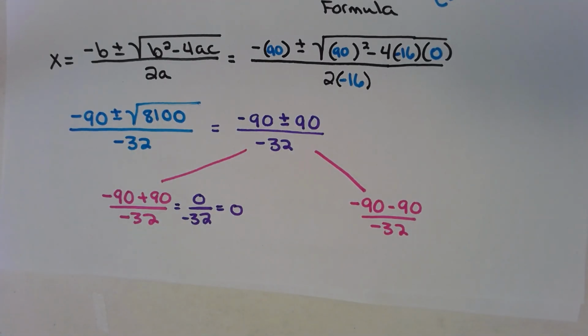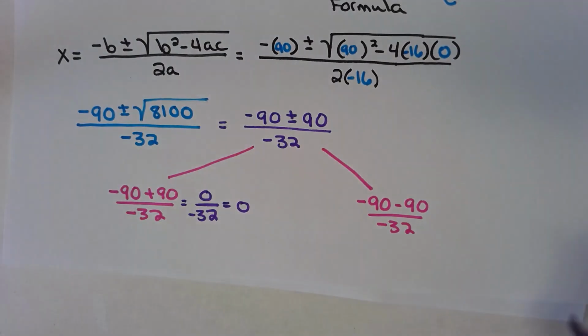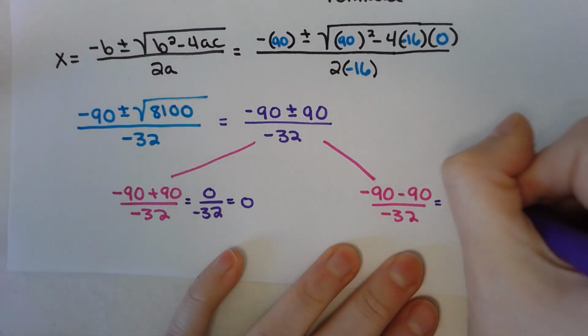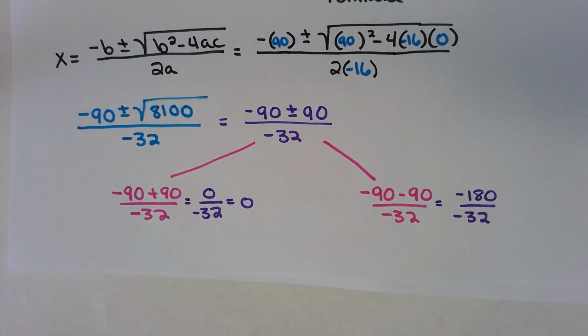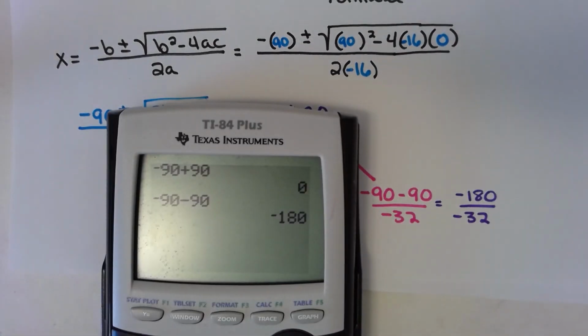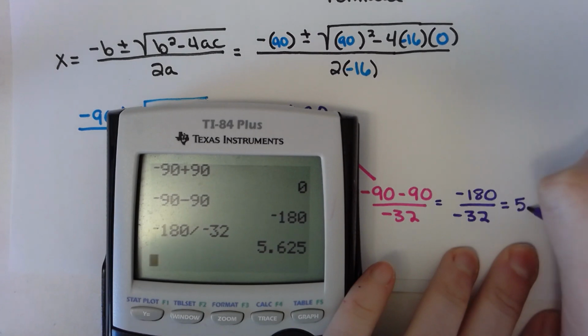Now on the other one, I'm doing negative 90 minus 90, which gives me negative 180 over the negative 32. And now I need to divide, which gives me 5.625.